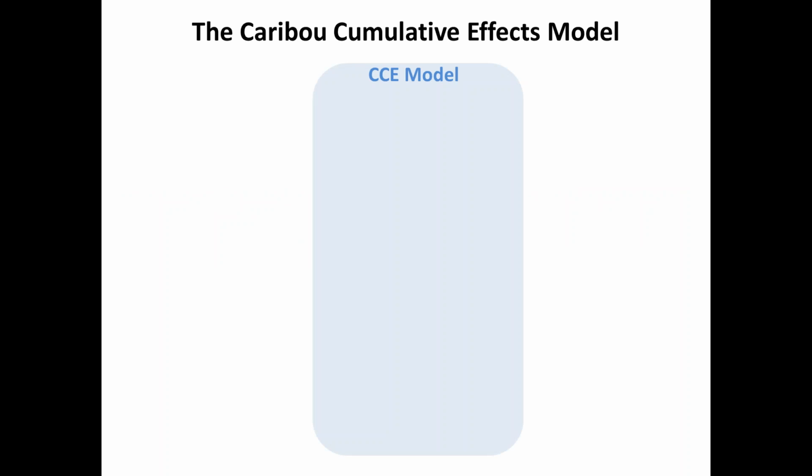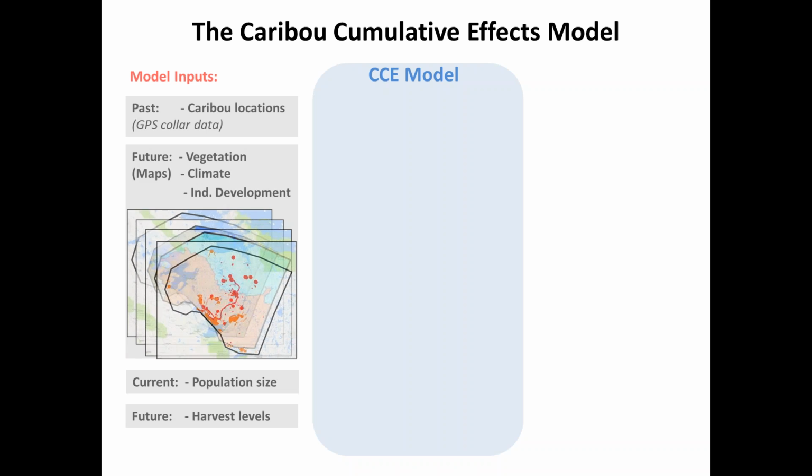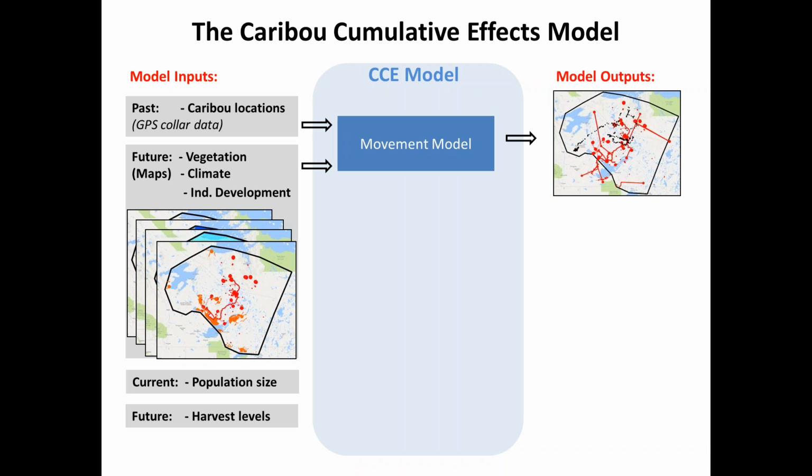Just a quick overview of that first video. The Caribou Cumulative Effects model is a simulation model. It takes a number of different inputs regarding past and future state of a caribou herd, information like past caribou locations, projected future vegetation, levels of development, information about population size and future harvest levels.